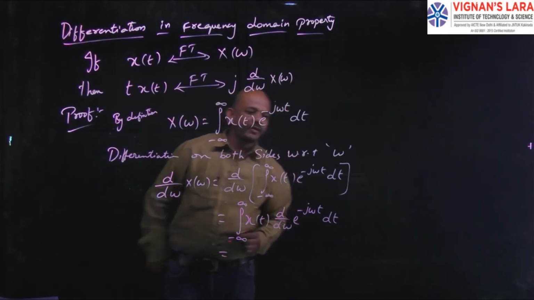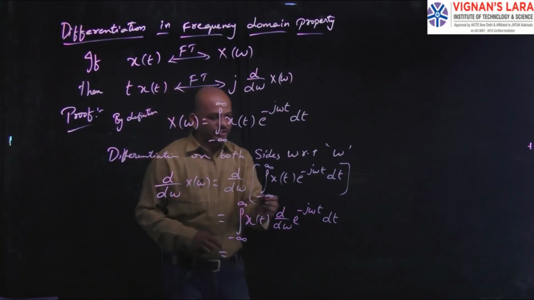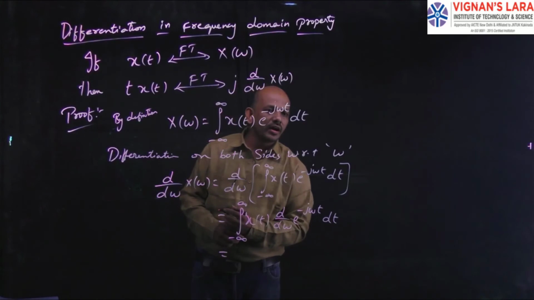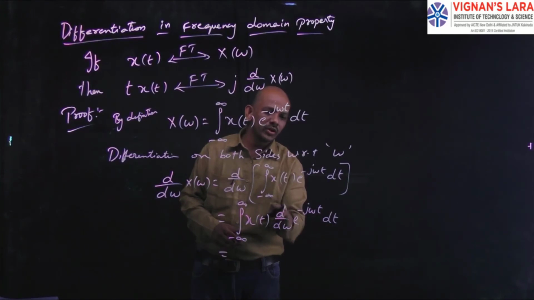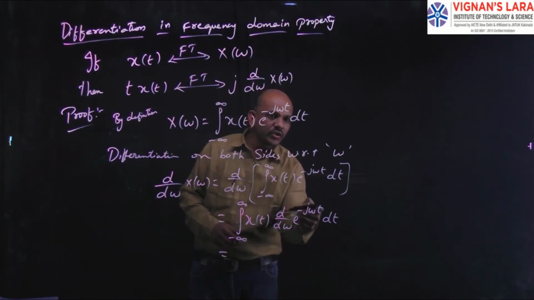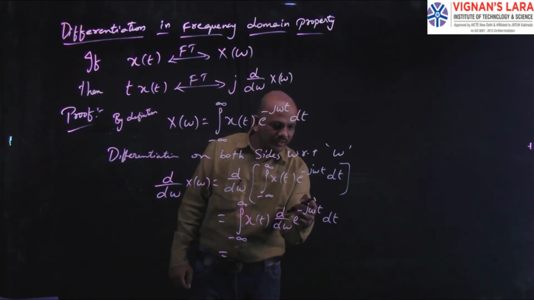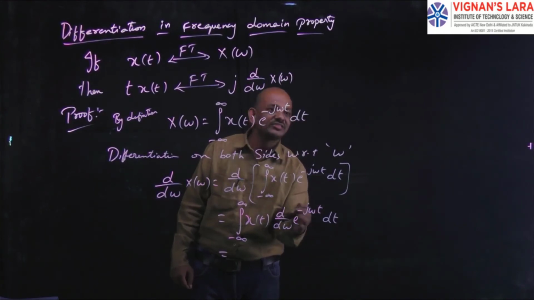So here the term is e power minus j omega t. Differentiating e power minus j omega t with respect to omega, what will we get? e power minus j omega t into minus jt.